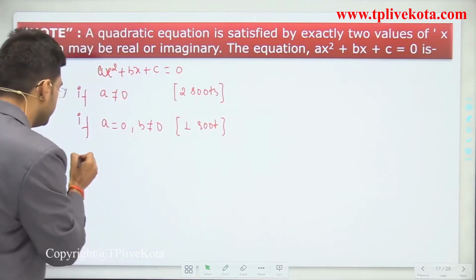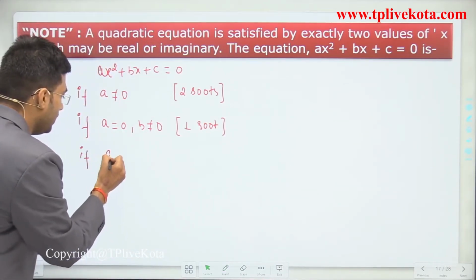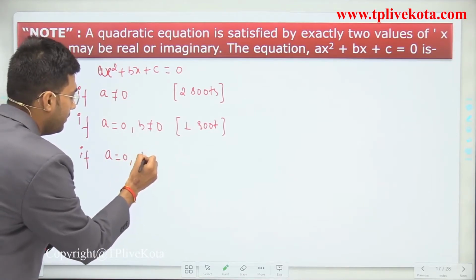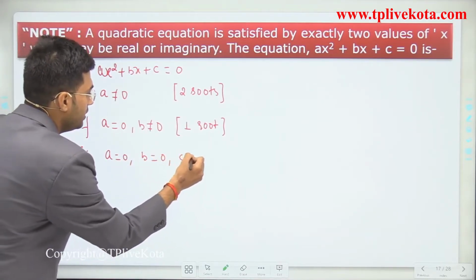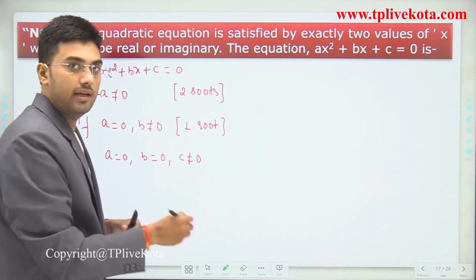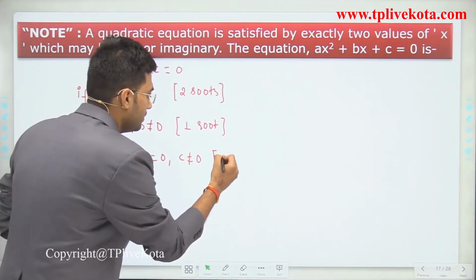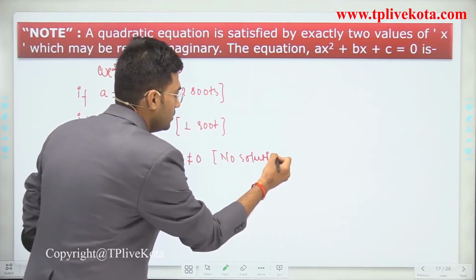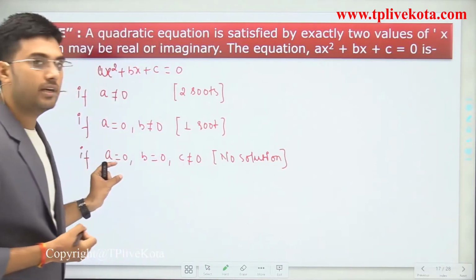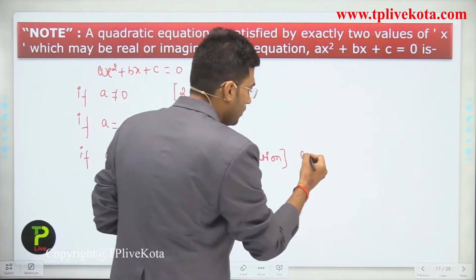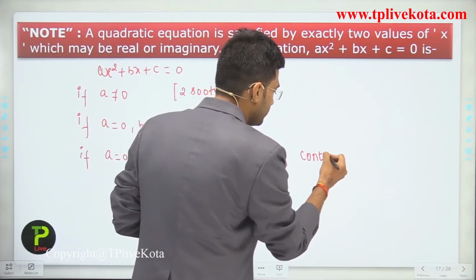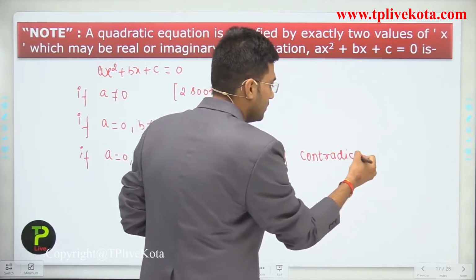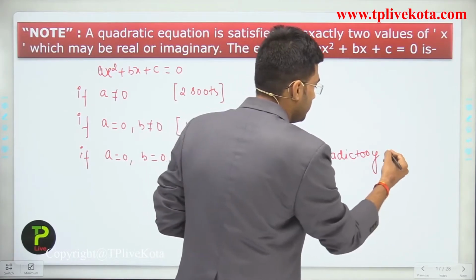If a equals 0 and b equals 0 and c is not equal to 0, then this equation has no solution, or we can say no roots. This is a contradictory condition.